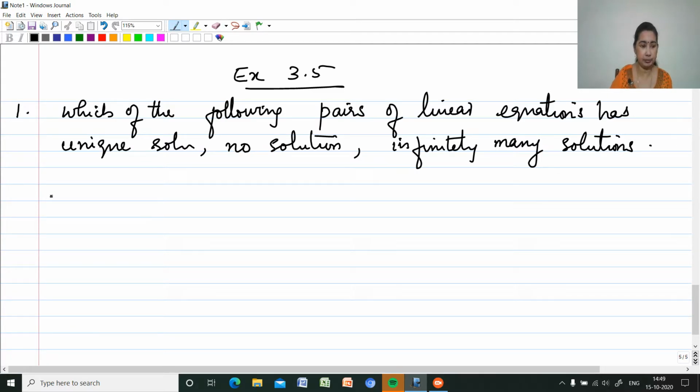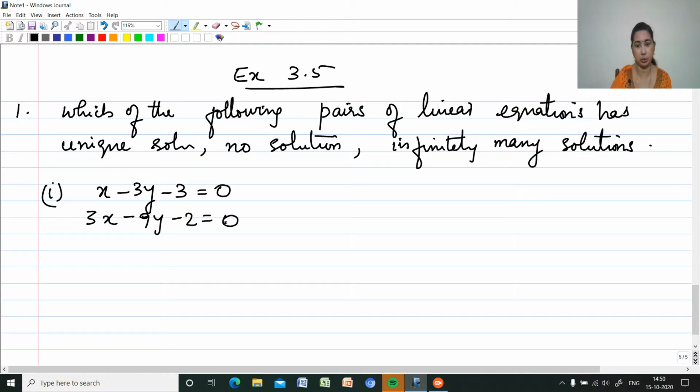So the first one: x minus 3y minus 3 equal to 0. The second equation is 3x minus 9y minus 2 equal to 0. First we have to check whether it has a unique solution, no solution, or infinitely many solutions. For that I have to find a1 by a2, that is 1 by 3. What is b1 by b2?